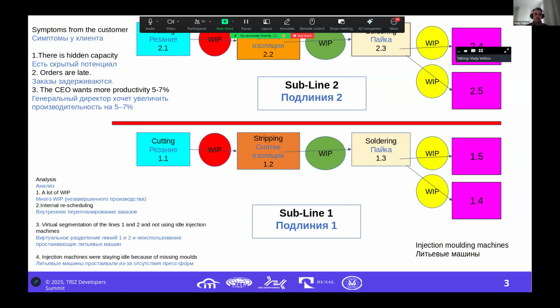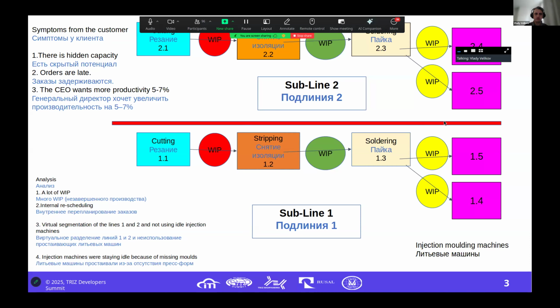The third is that one of the managers in the past decided to cut the lines by half. And they put this red line, you see here. It is virtual.